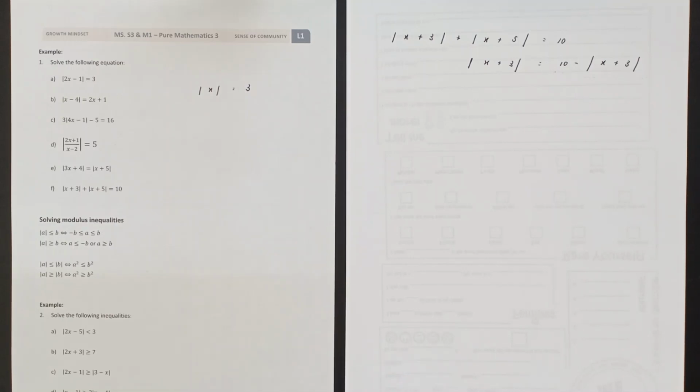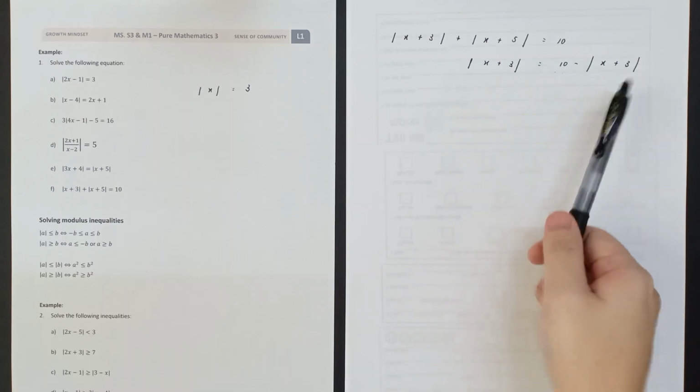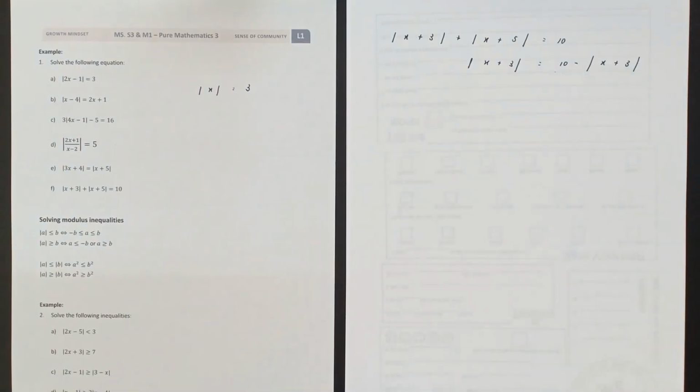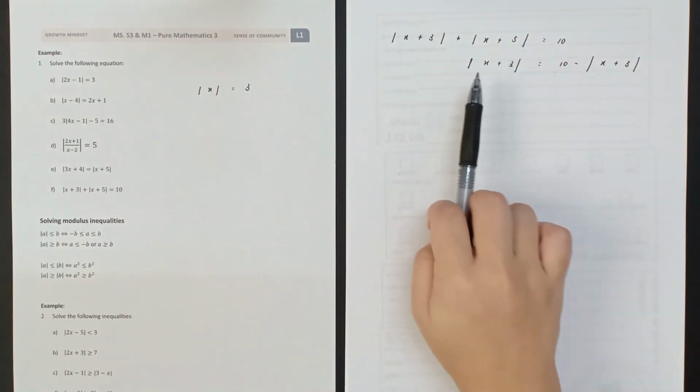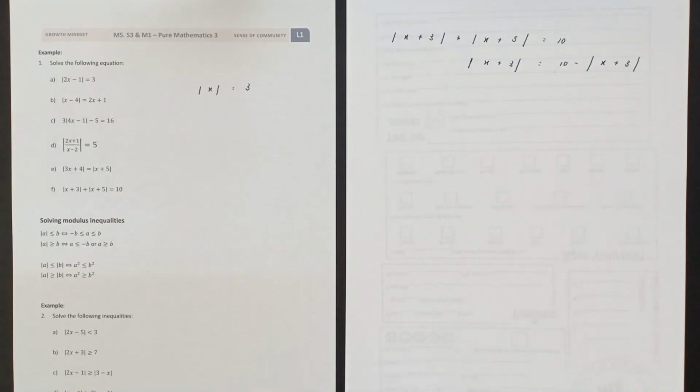So for this question we are going to use the definition method to continue. This will be much more complicated because you have two sides, and you do not know which side is positive and which is negative, so we need to solve it one by one. Let's eliminate the modulus for this side first, because normally we can only do modulus if we have one side containing only modulus.